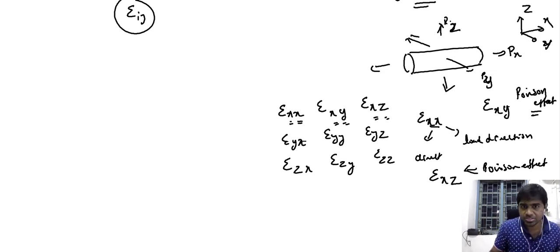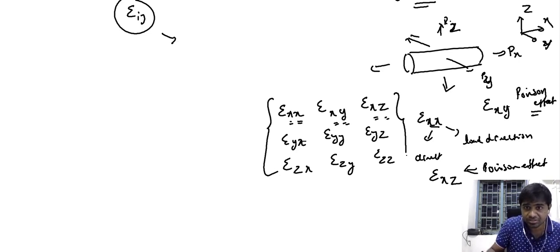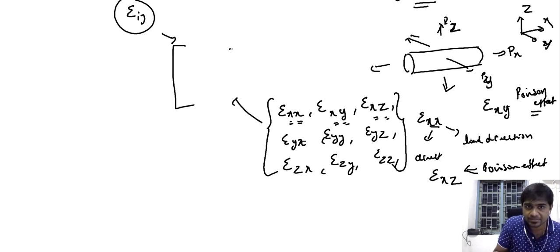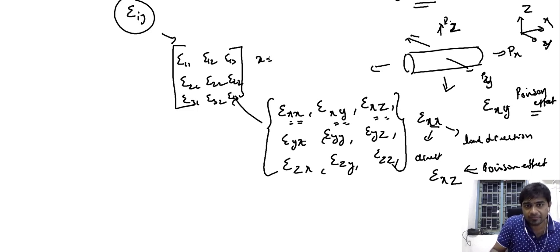Now, it is possible for us to replace x with 1 and y with 2 and so on, but since this strain as a parameter depends on two different indices, and since these indices have a physical meaning associated with them, the generalized representation can be translated to a matrix of epsilon 11, epsilon 12, epsilon 13, epsilon 21, epsilon 22, epsilon 23, epsilon 31, epsilon 32, epsilon 33, where x is equivalent to 1, y is equivalent to 2 and z is equivalent to 3.